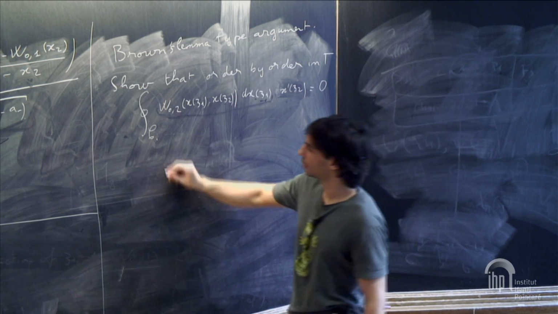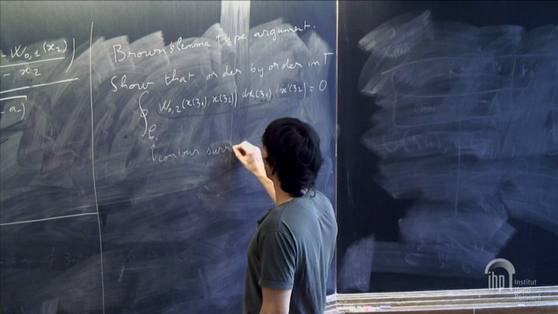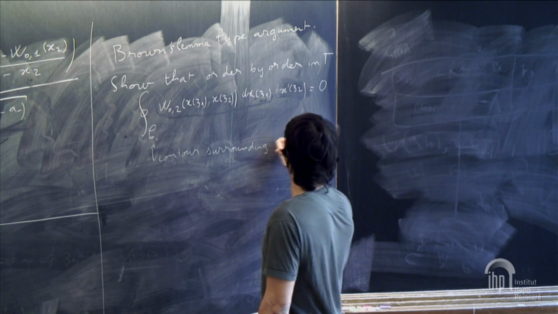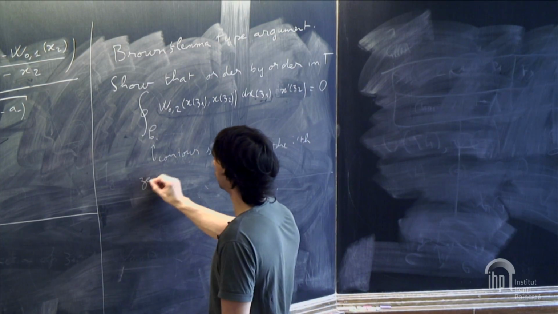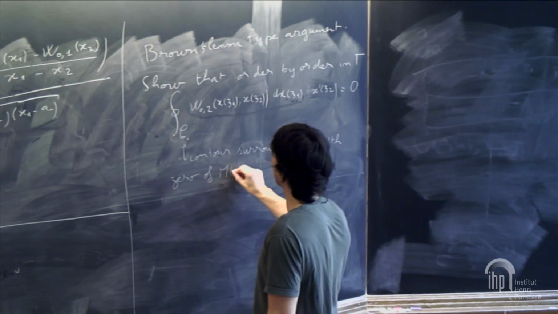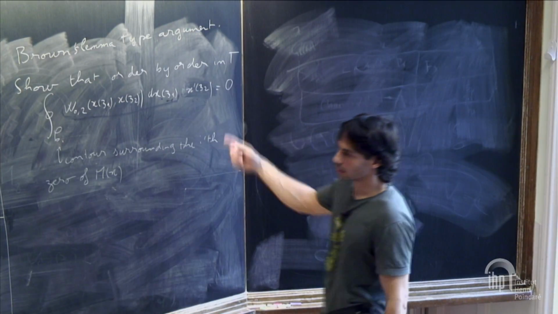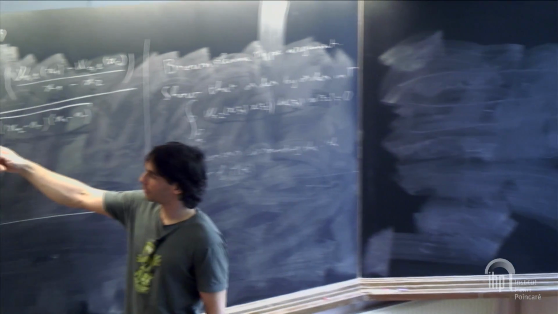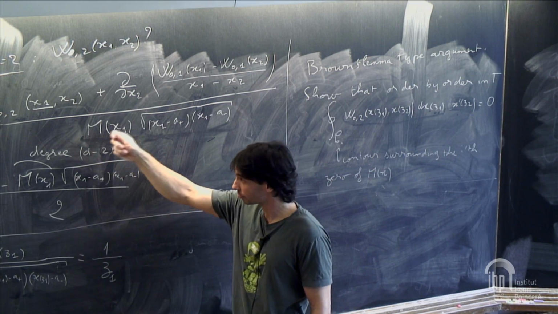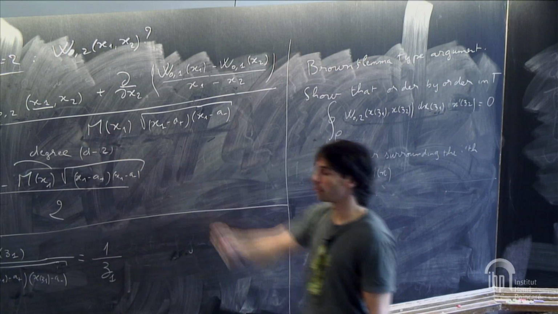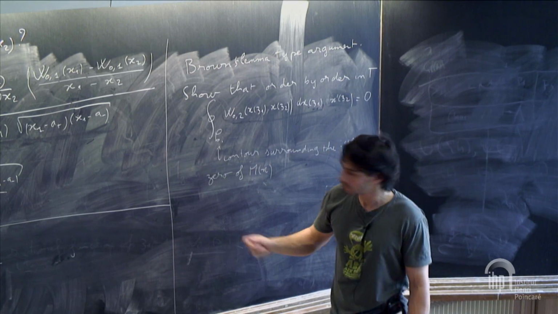If you integrate it along a contour surrounding the zero of m of x, this is vanishing. So in particular, since you can have only simple poles here, so we assume that m of x has only simple 0, you can have only simple pole. You're proving that you don't have any residue. So it means that you don't have any pole, actually, at this point.